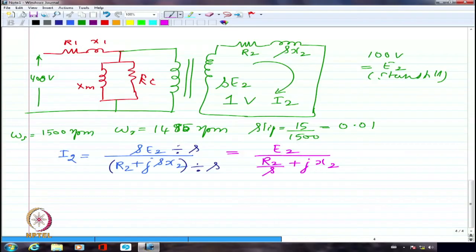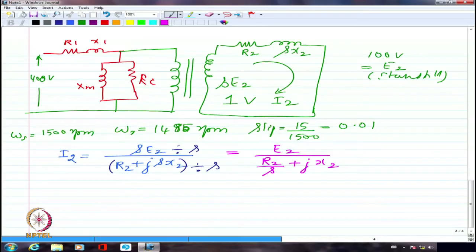In the transformer, I could connect the primary and secondary quite easily just by taking into account the turns ratio because the frequencies were the same. In this case, I could not have connected unless I convert everything back to F1. And this is the modus operandi I have adopted to convert the rotor frequency also back to stator frequency so that I can interconnect both of them.